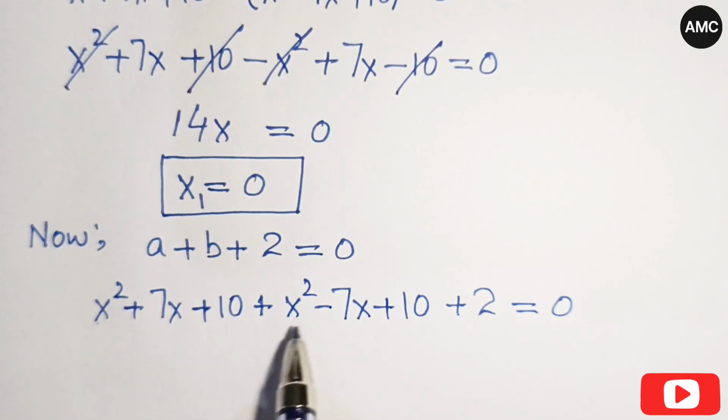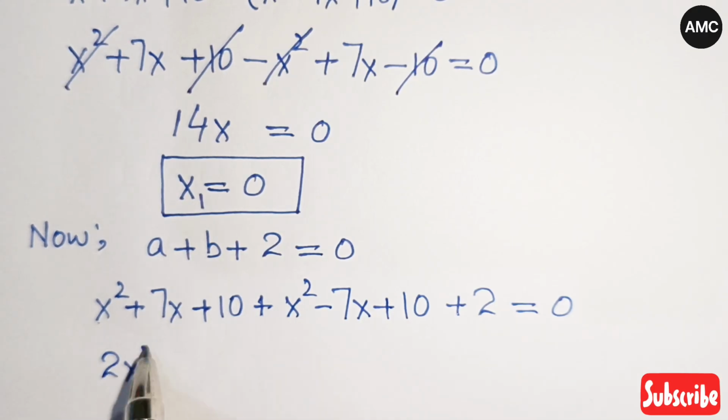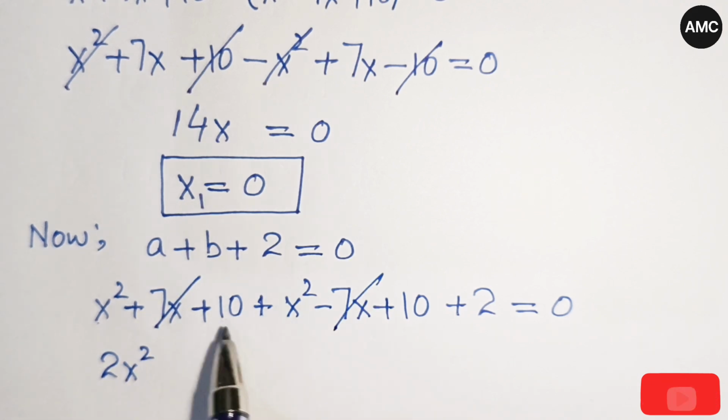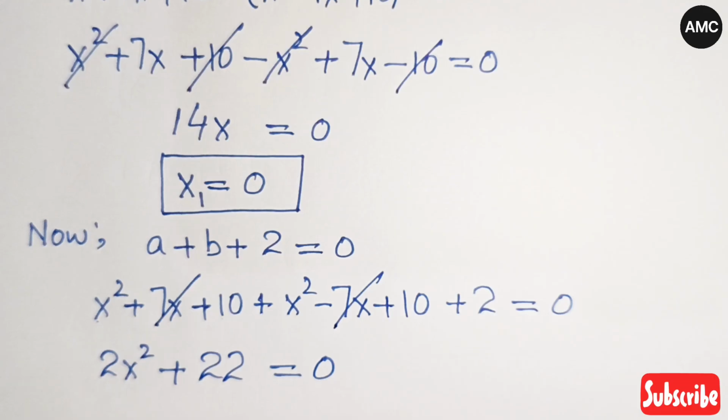Now x squared plus x squared, we get 2x squared, plus 7x and minus 7x is cancelled. Here plus 10 plus 10 plus 2, we get plus 22 is equal to 0.